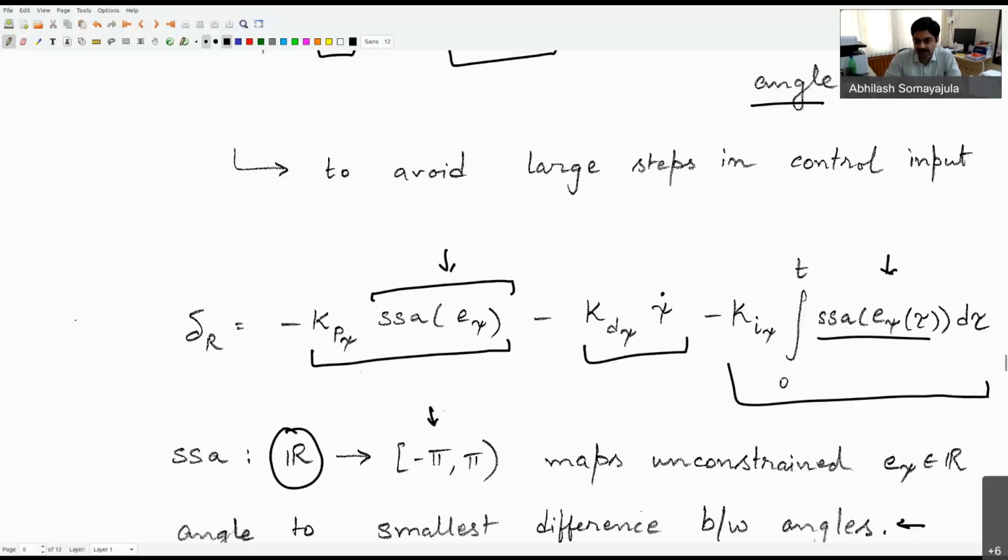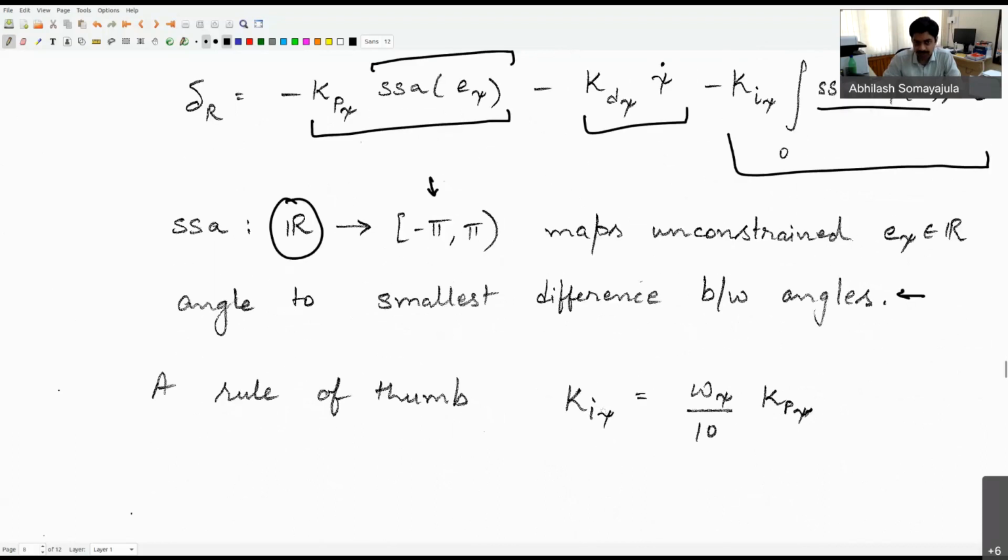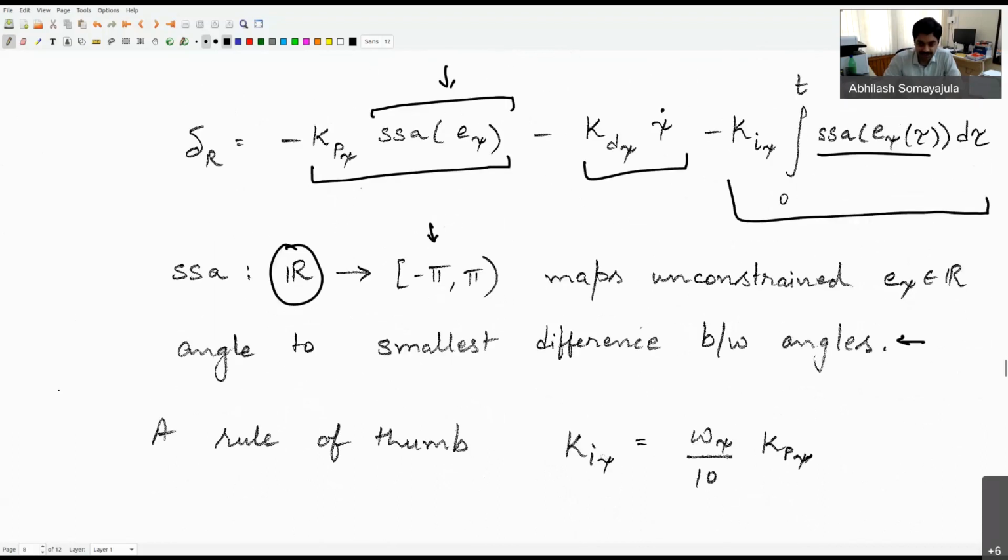Okay, now typically when we introduce this integral action, what will happen is that we are able to compensate for the disturbances and we can achieve a steady state error of 0 more precisely. So that is why the integral action is typically introduced. A rule of thumb is that I want this integrator to be much slower in reaction as compared to my proportional and derivative parts.